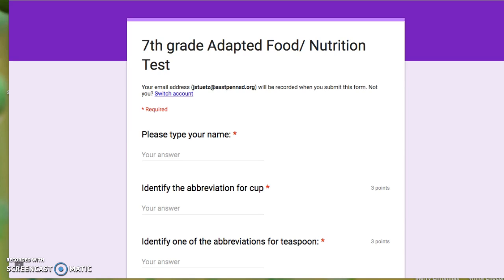Flour is what type of ingredient? Milk is what type of ingredient? Vanilla is what type of ingredient?